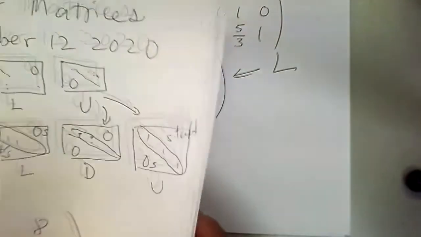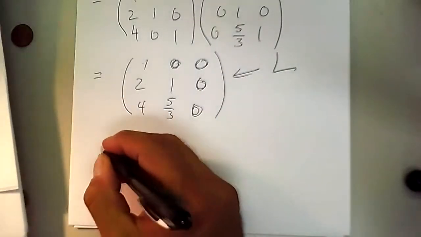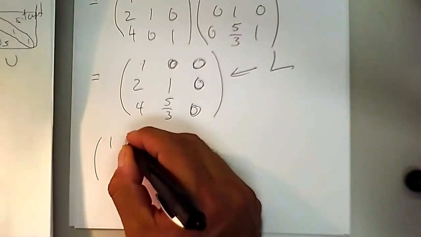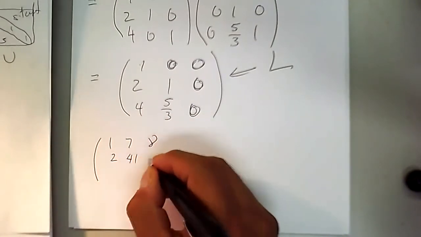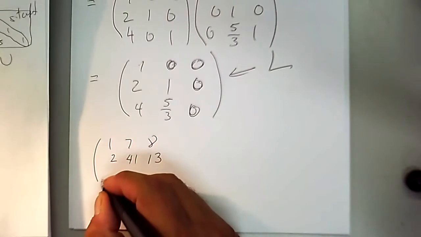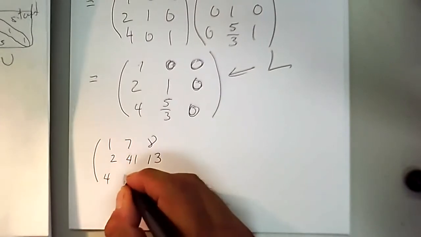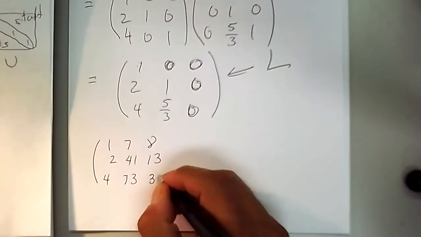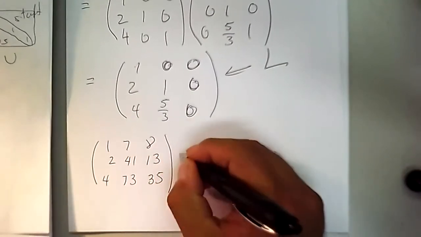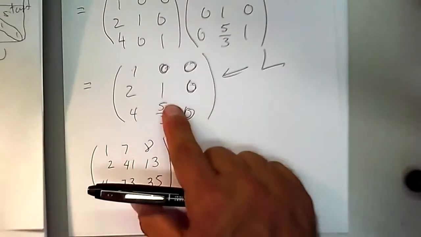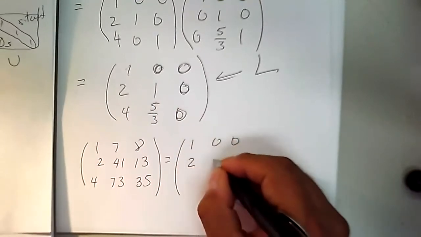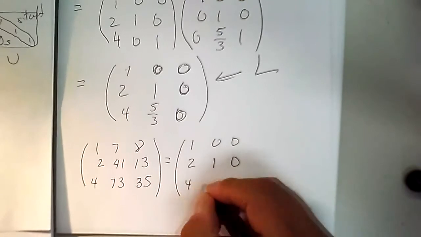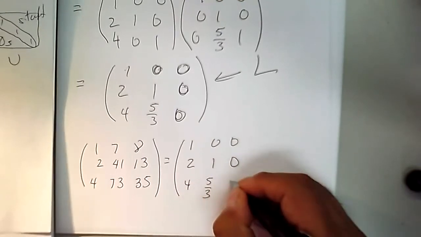So the original A is this one, 1, 7, 8, 2, 41, 13, 4, 73, 35 is equal to this guy, 1, 0, 0, 2, 1, 0, 4, 5/3.